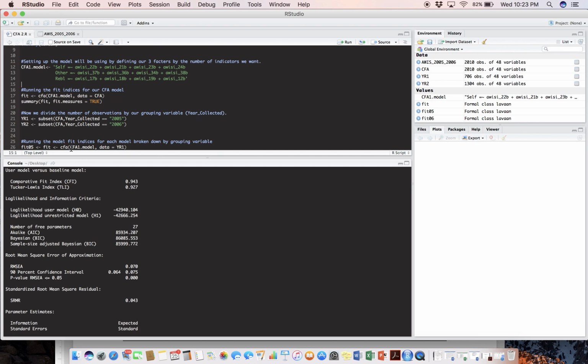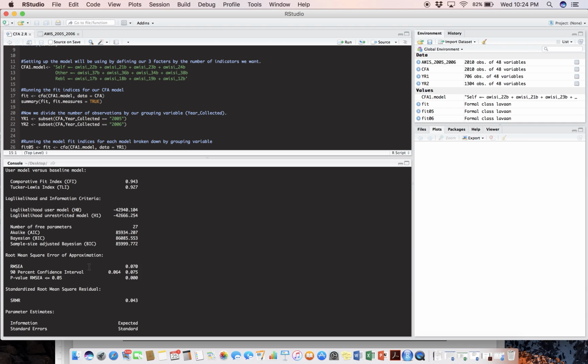For our RMSEA, unacceptable is considered greater than 0.10. Good fit is considered less than 0.06, and acceptable is roughly 0.08. So ideally, we're shooting for less than 0.06 for our RMSEA, and then for our SRMR, good fit is considered to be less than 0.05.